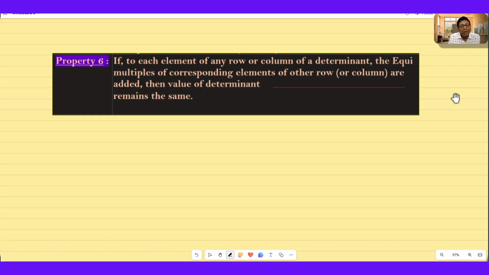I am telling you what? This is say A1, B1, C1, A2, B2, C2, A3, B3, C3. Then suppose I am multiplying this column by K adding over there, another scalar adding over there, value of the determinant will remain the same.